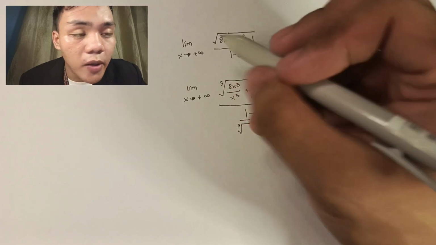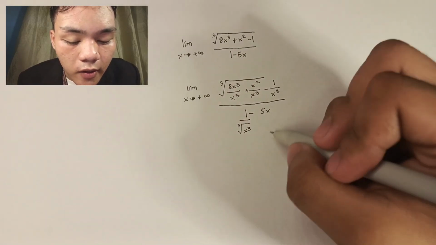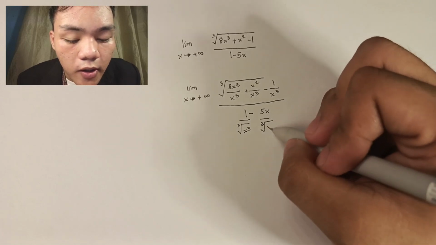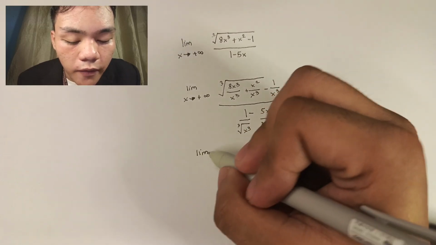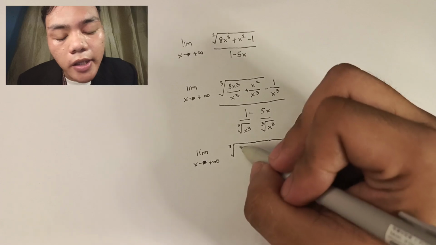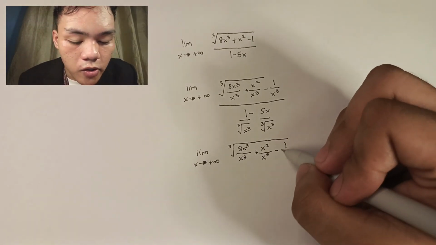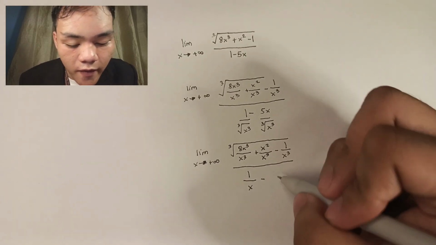Just like what we did in the previous example, we need to cancel out the x cubed with the cube root. So as we rewrite it, the cube root of 8x to the power of 3 over x cubed plus x squared over x cubed minus 1 over x cubed, over 1 over x minus 5x over x.